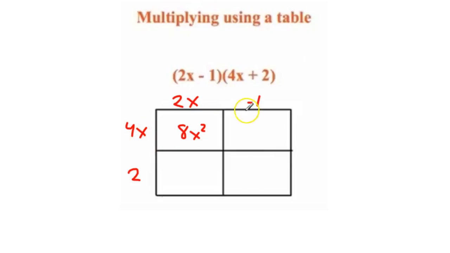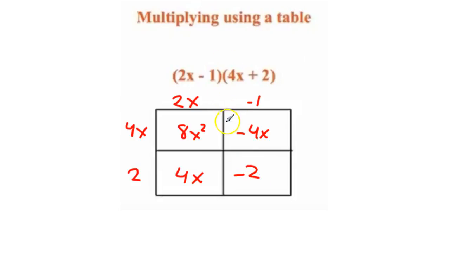So 4x times negative 1 is minus 4x. This box down here is 2x on the top and 2 over here. 2 times 2 is 4. This one has an x, that one doesn't, so it's just 4x. And this last box, 2 times negative 1, negative 2.